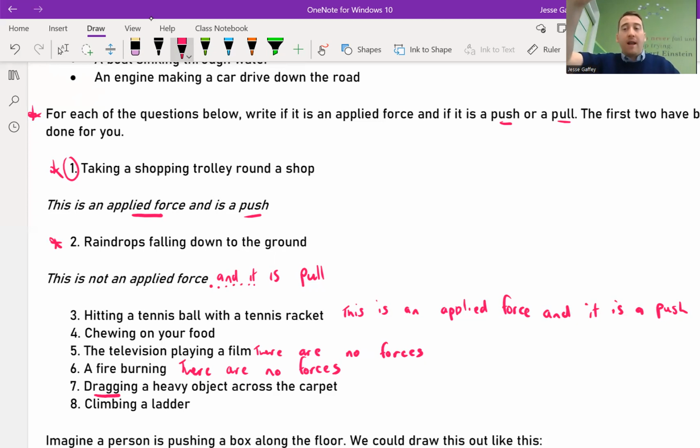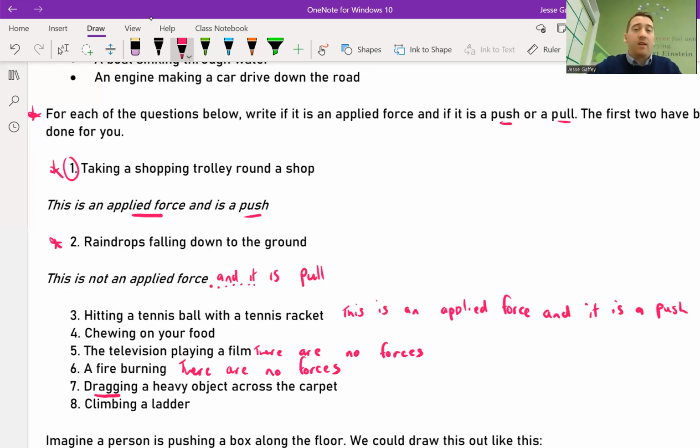If you think about climbing a ladder, you put your hands up, and when you put your hands up, you're pulling yourself up the ladder. But at the same time, you've got your feet on the other rungs down below, and they are pushing you up the ladder. So you do the two things together. Your hands are pulling and your feet are pushing. So we would say this is an applied force and it is both a push and a pull.